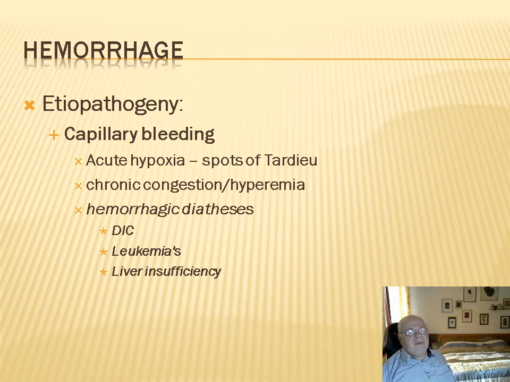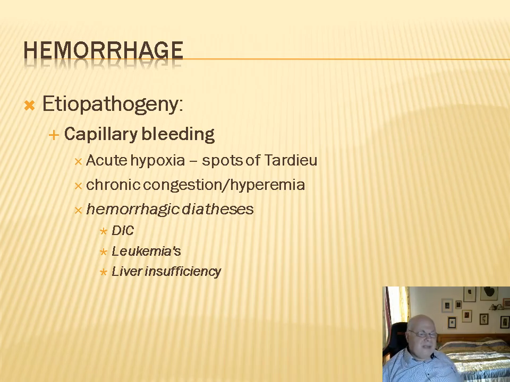It's also possible to have such capillary bleedings when the coagulation factors in the blood are consumed or destroyed. Such a thing is happening in liver insufficiency, because the liver is the most important producer of coagulating factors in the blood, in leukemias, and in the disseminated intravascular coagulation, the same result.